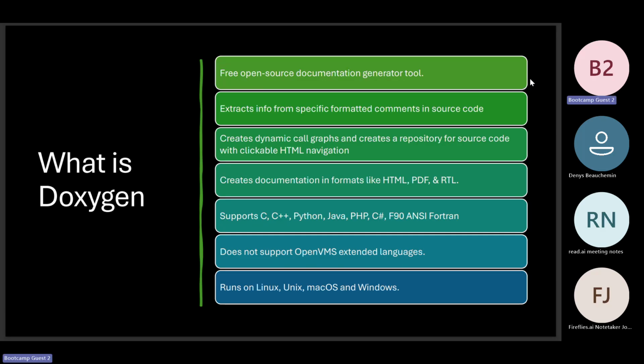What it does is it extracts the information from the formatted comments and source code. And then you can go in your source code and add extra tags to tell Doxygen that you really want to look at a specific item in a specific manner. We'll talk about that later.